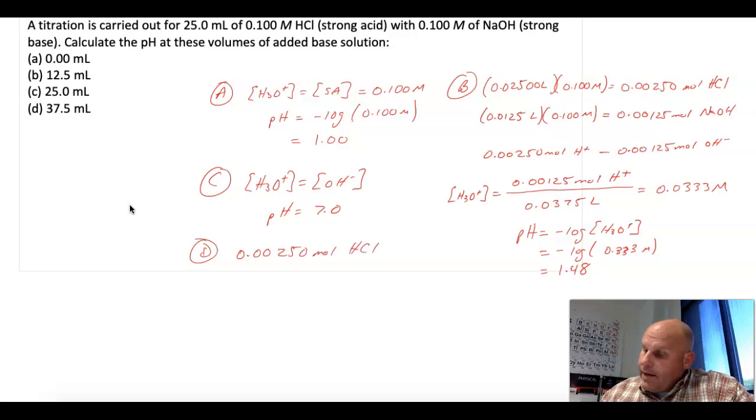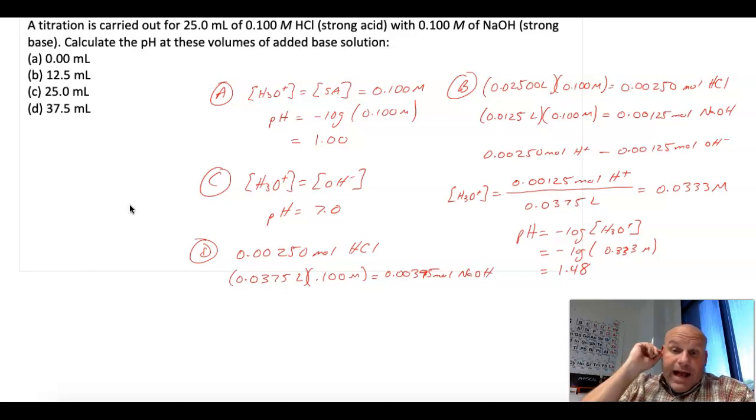I've now added 37.5 milliliters, or 0.0375 liters, of my 0.1 molar base. So I know I have 0.00375 moles of base.